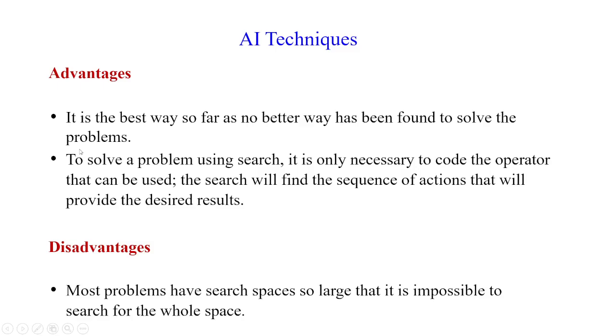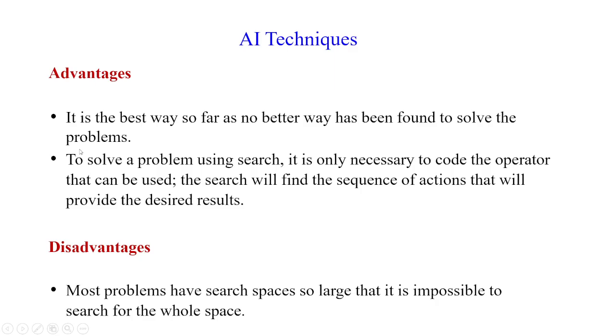It is the best way so far, as no better way has been found to solve all problems, like the many gaming problems and real-world problems. To solve a problem using search, it is only necessary to code the operators that can be used. The search will find the sequence of actions that will provide the desired result. Very, very important.